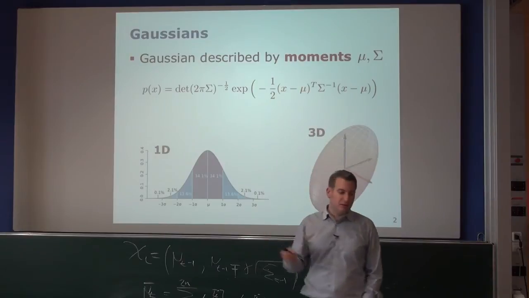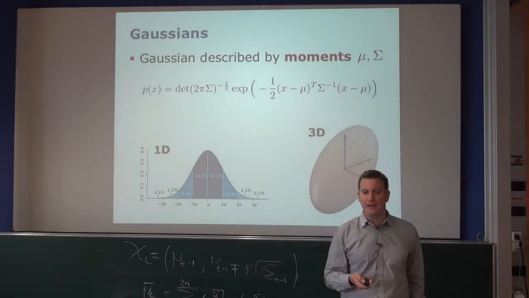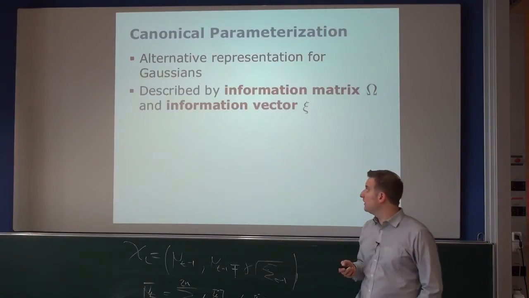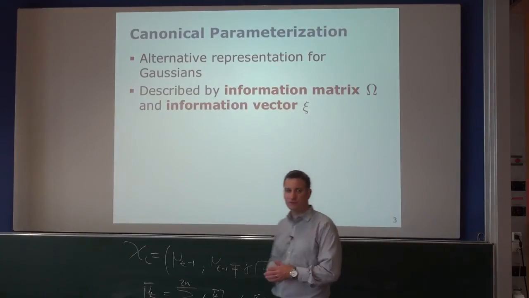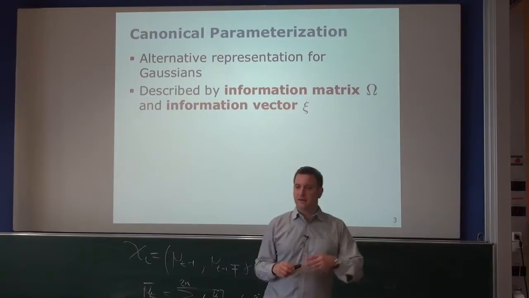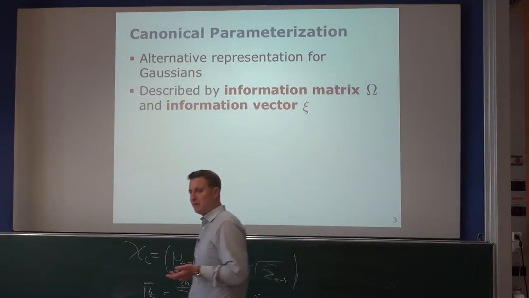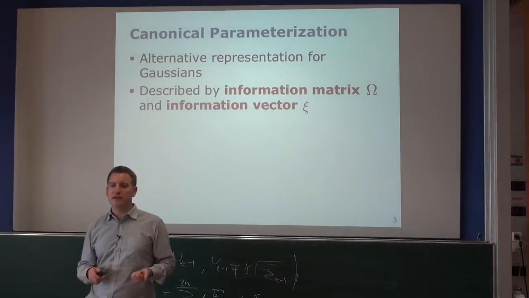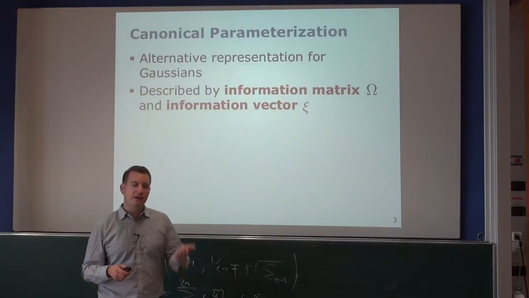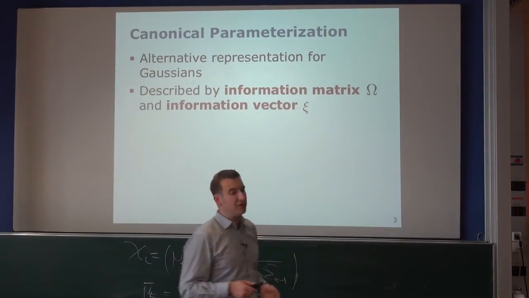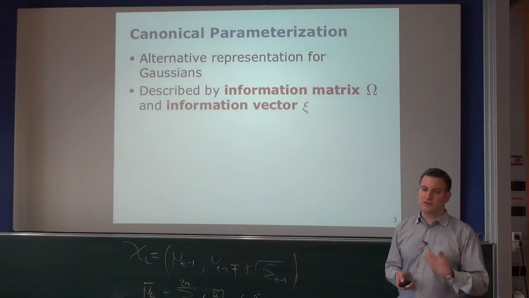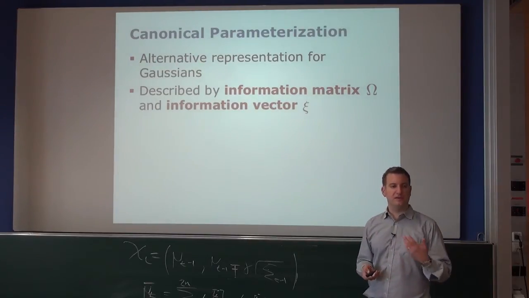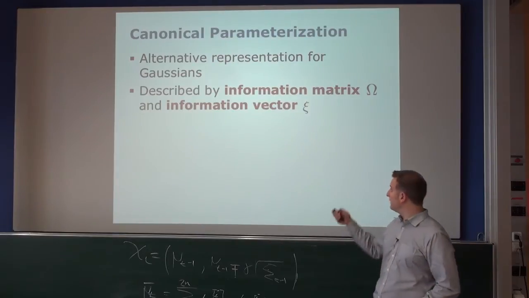What you may not know is that there's an alternative way to describe that, which is typically called canonical form or canonical parameterization or information form, two expressions you find. This is just an alternative way of describing a Gaussian distribution. It again uses a matrix and a vector, but it's not the mean and it's not the covariance matrix. Instead, it uses the so-called information matrix, which is the inverse of the covariance matrix.